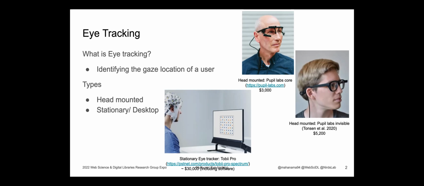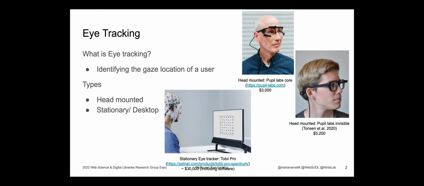In order to identify where the person is looking, we use specialized equipment called eye trackers. Depending on how they are built, we can categorize them into two categories. The first is head-mounted eye trackers, and the second is stationary or desktop eye trackers.